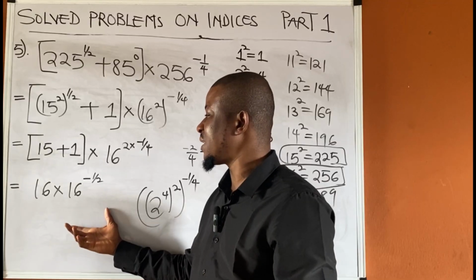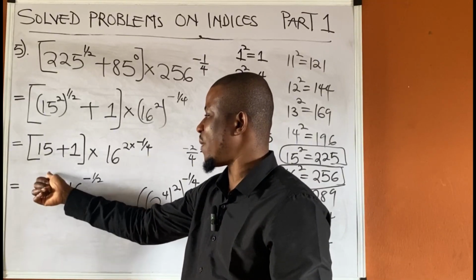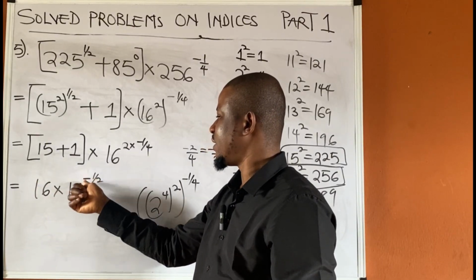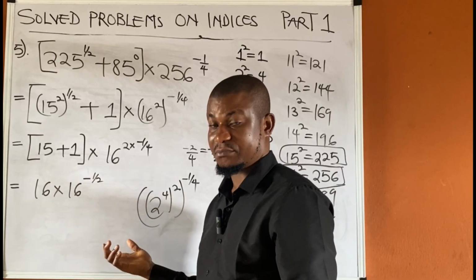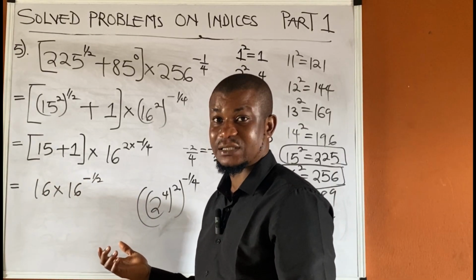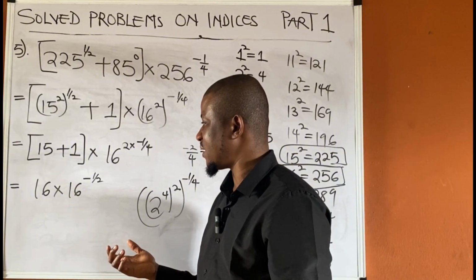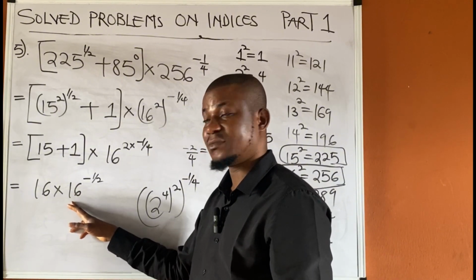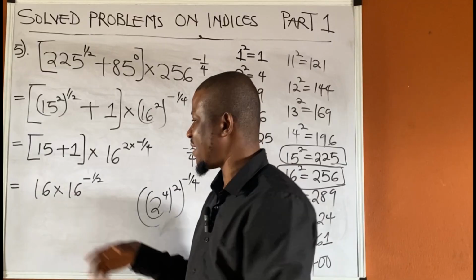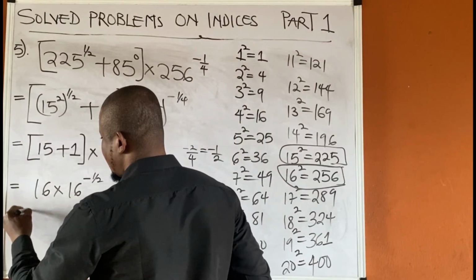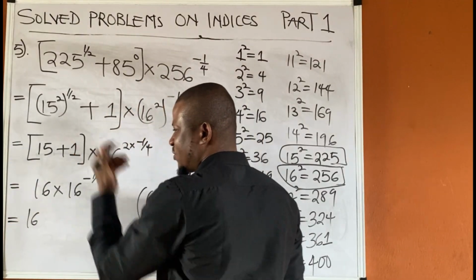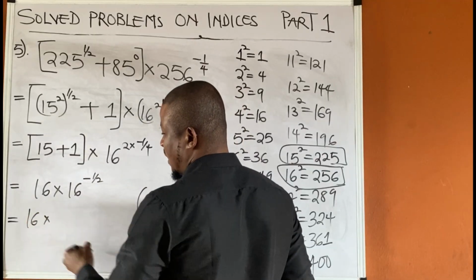So I'm thinking I can say 16 to the power 1 times 16 to the negative power, add the powers. But I'm also thinking I can reduce this. Anyhow I want to solve it, I'll still get the correct answer. So let me leave that idea of 16 to the power 1 and just work this out.